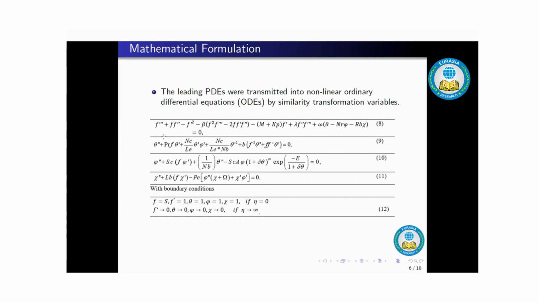Here, F denotes the flow, theta denotes the temperature distribution, phi denotes the nanoparticle concentration, and chi denotes the motile density of microorganisms, and here we have the boundary conditions of the ODEs.